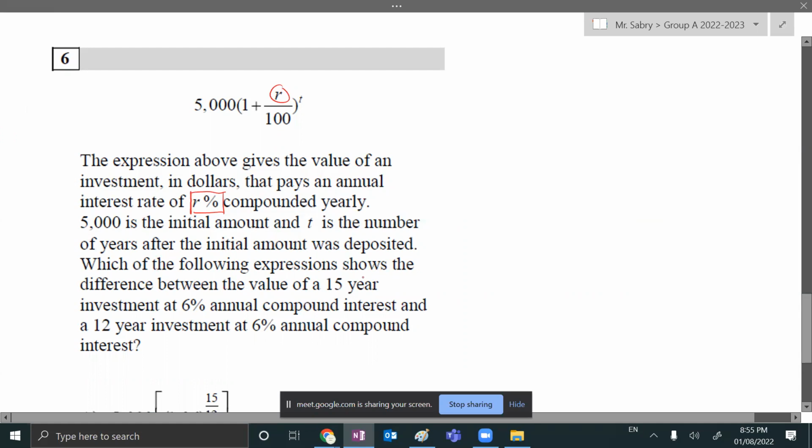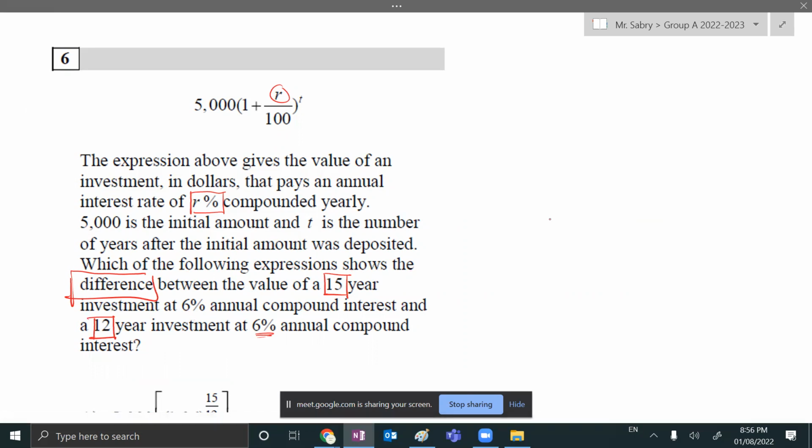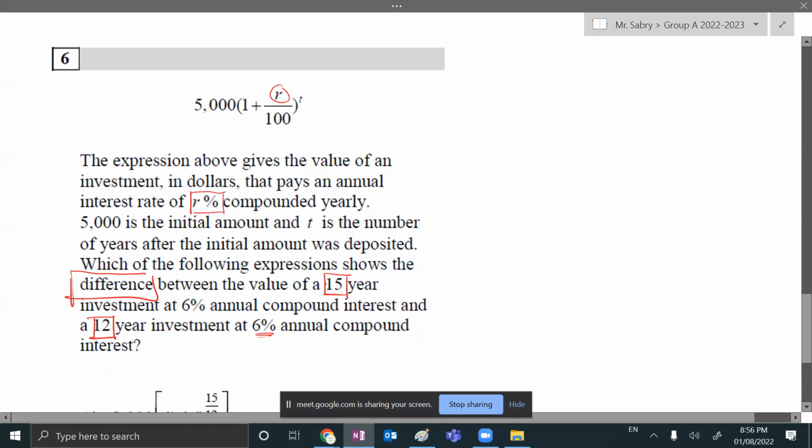Which of the following expressions shows the difference between the value of a 15-year investment at 6% and a 12-year investment at also 6%? So we need the difference between 2 scenarios, which means we'll get the first one and we'll get the second one and we'll subtract them from each other. The difference between 15 and 12.